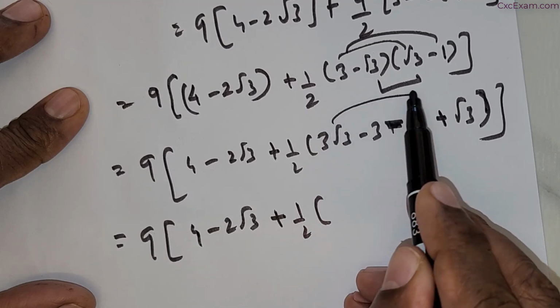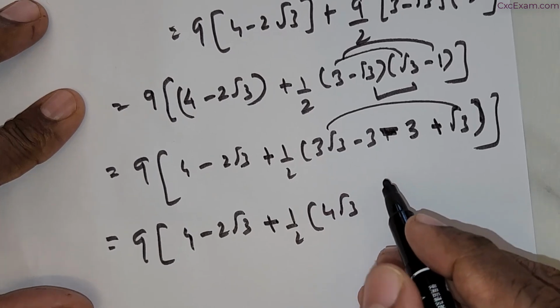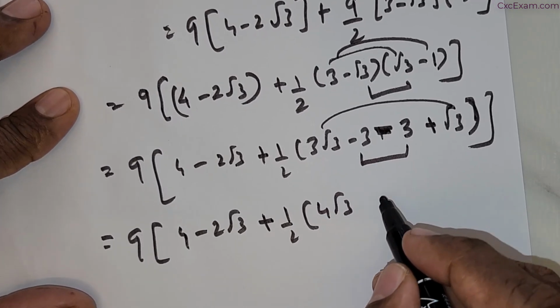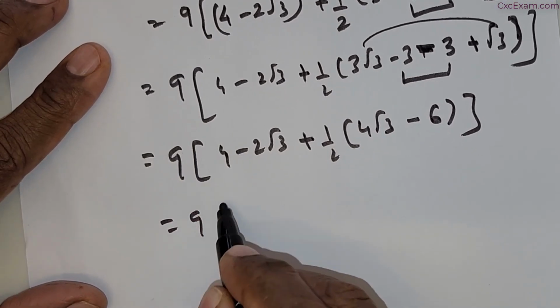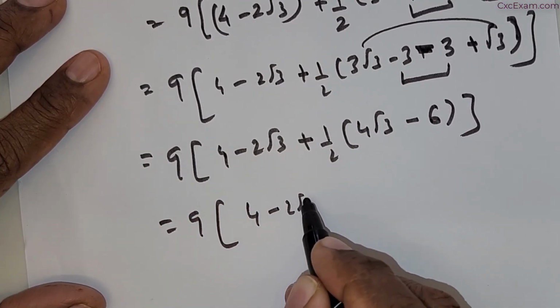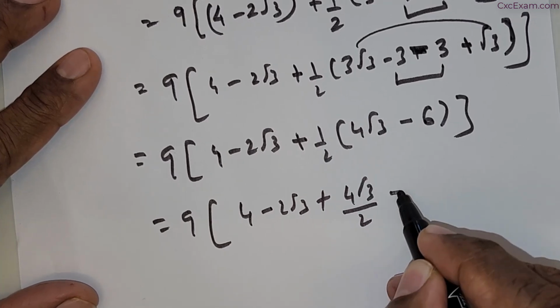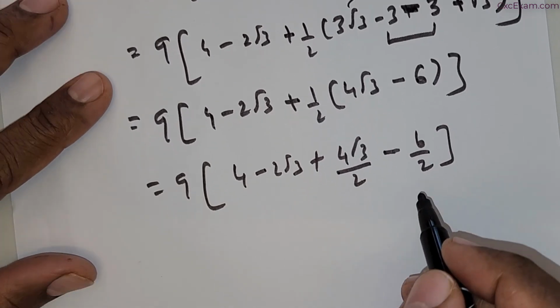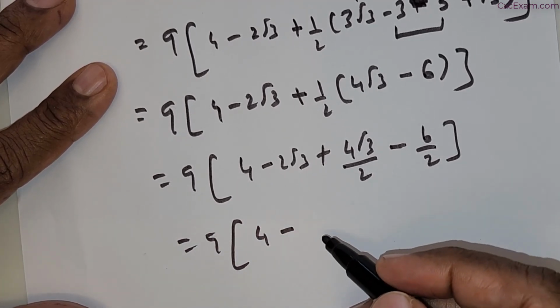Now let us simplify this. 3 root 3 with root 3 gives me 4 times root 3. Now you have a minus 3 and a minus 3. That's going to be minus 6. So this is equal to 9 times of 4 minus 2 times root of 3, plus 4 times root of 3 divided by 2, minus 6 over 2. It's going to be 9 times.